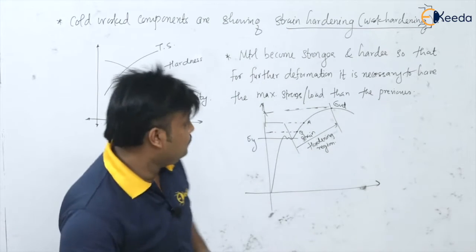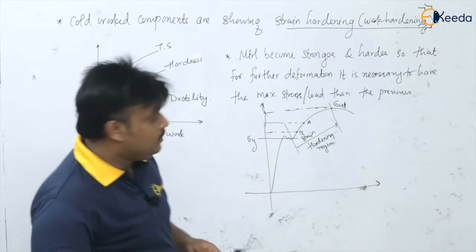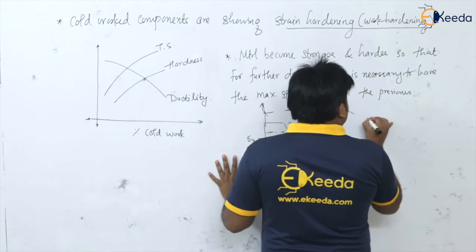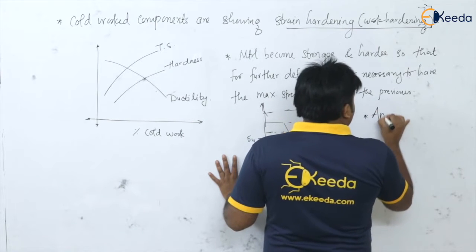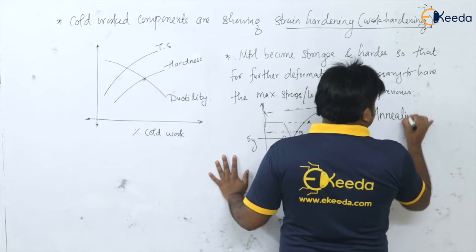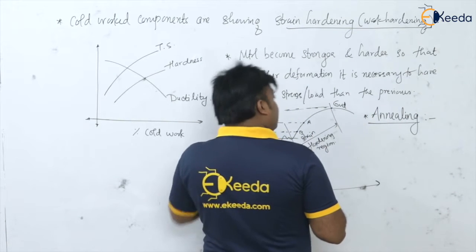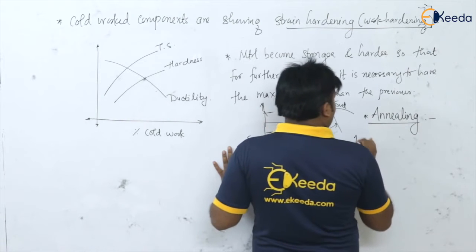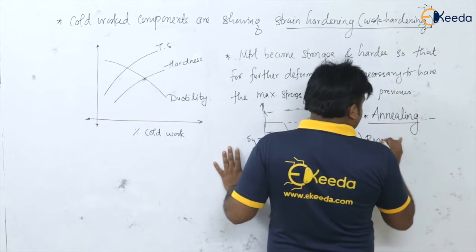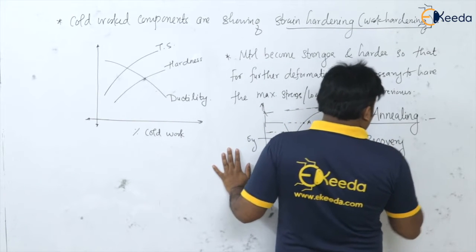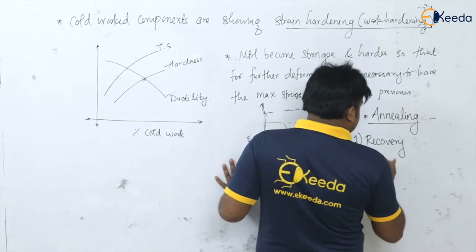So I will write it here only. Annealing is a suitable heat treatment process to give the suitable softness for the material. Number 1, the recovery. Second, recrystallization.